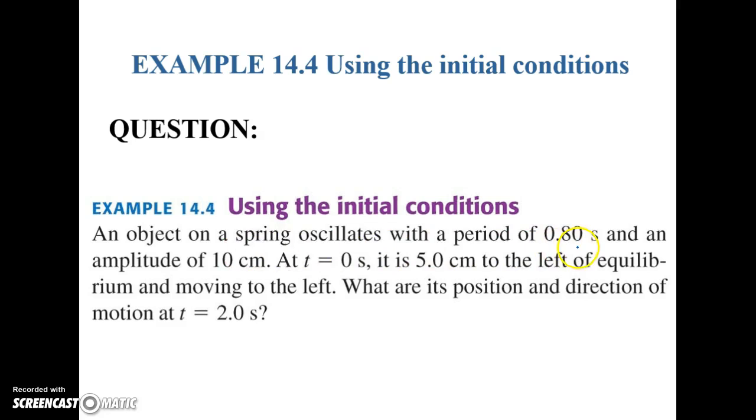An object on a spring oscillates with a period of 0.8 seconds. So I'm going to write that up here. I've got T equals 0.8, which means omega is, remember, 2 pi over T, which is going to give me 7.9 radians per second, and we have an amplitude of 0.1 meters.